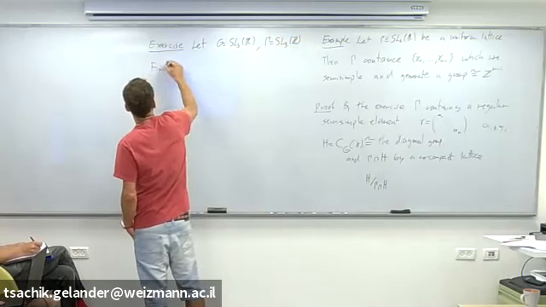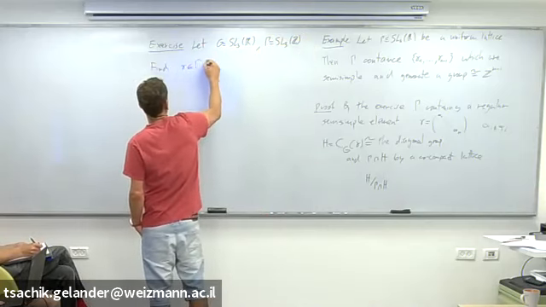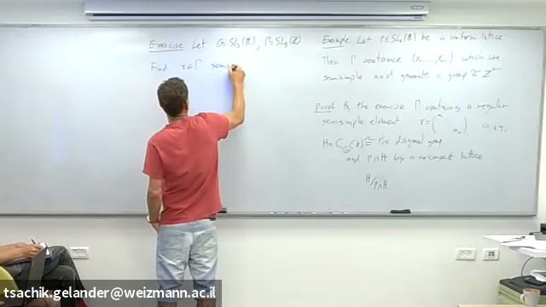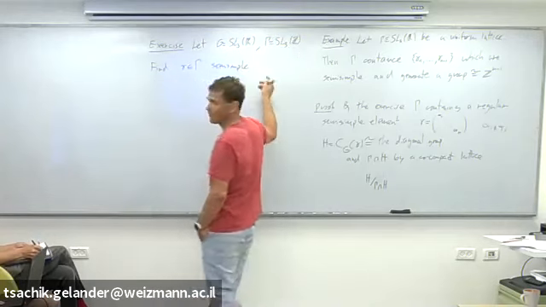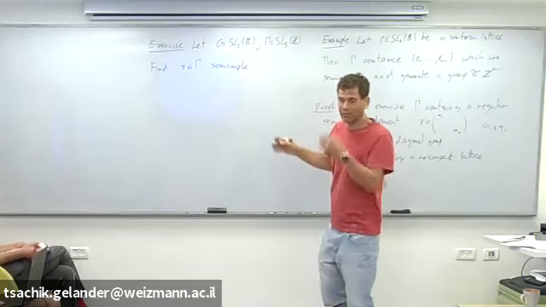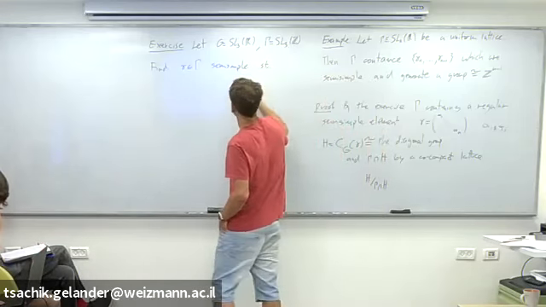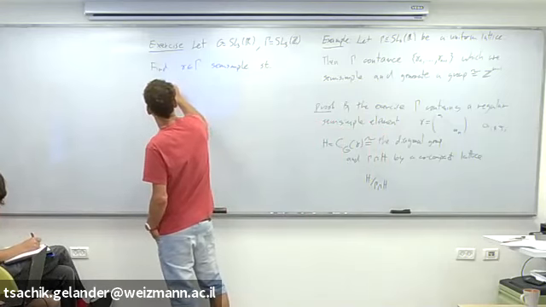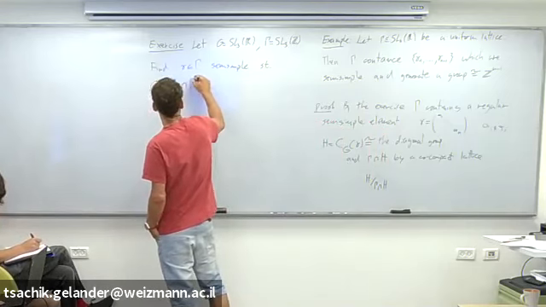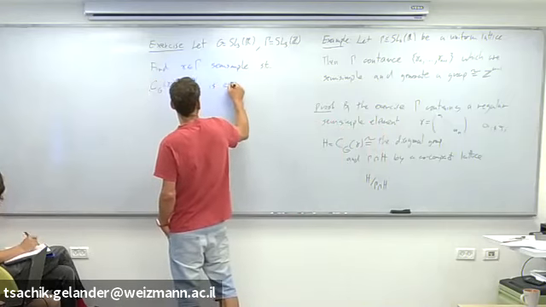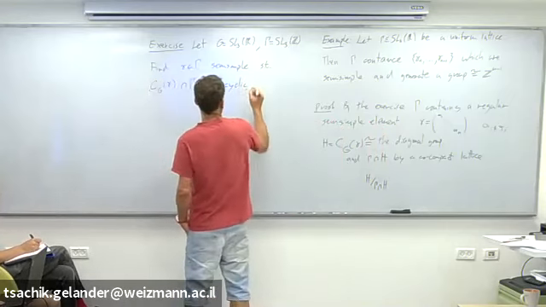Find gamma in gamma, semisimple, just a diagonalizable element in SL_3(Z), such that the centralizer of gamma intersect gamma is cyclic.